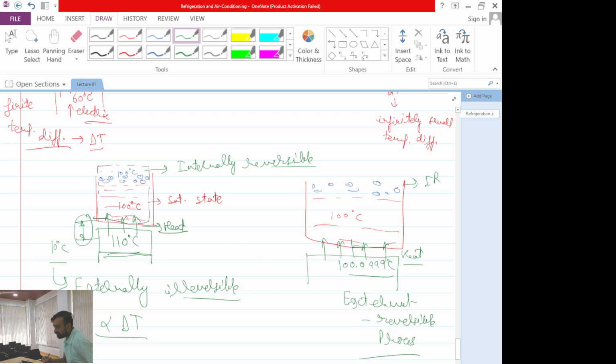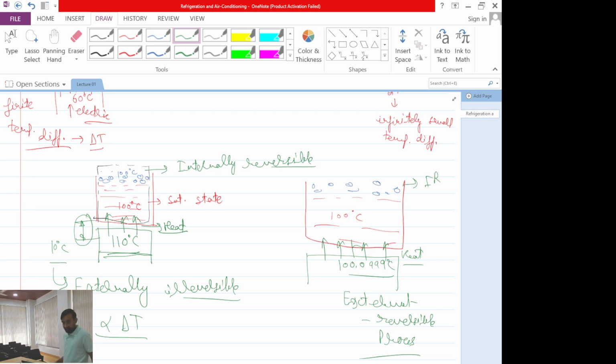But if you have an infinitely small temperature difference, then for the same amount of heat transfer, you have to do the process for an infinitely long duration. Is this point clear? All are clear with this idea? So totally reversible heat addition or heat rejection process is nothing but an infinitely slow process. It will take an infinitely long time to complete that process in order to transfer a finite amount of heat.